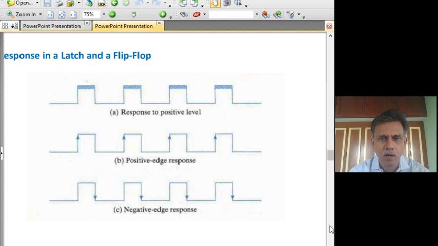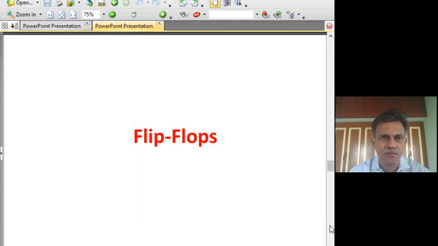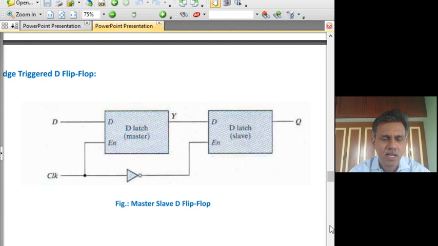With this background on how flip-flops differ from latches, we will see how a D flip-flop can be built using two D latches.